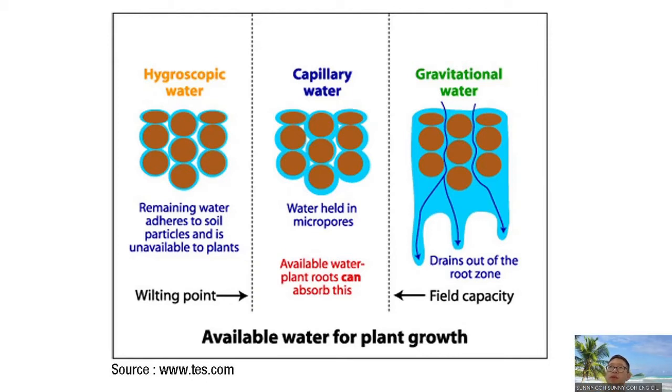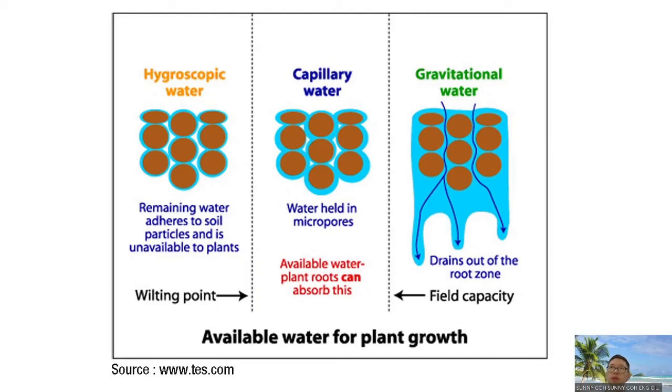So the amount of water available in the soil differs at different stages of drying or evaporation. The amount of water available in the soil can be related to the pressure in the soil.